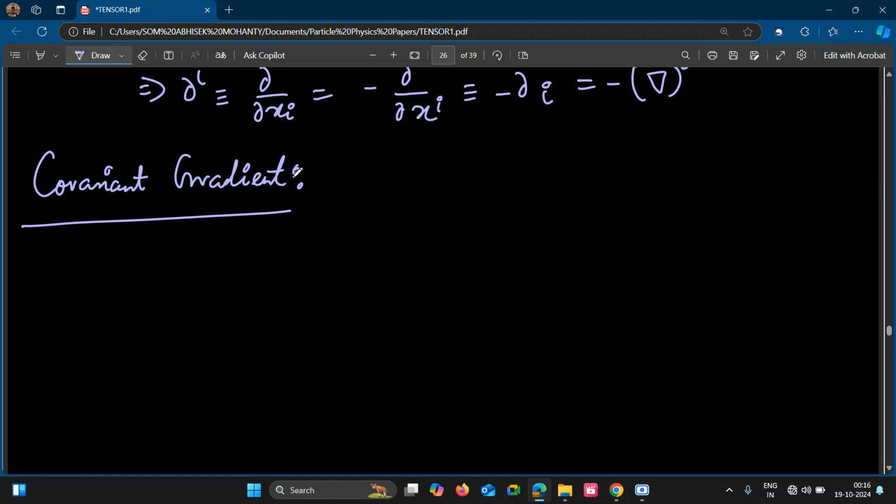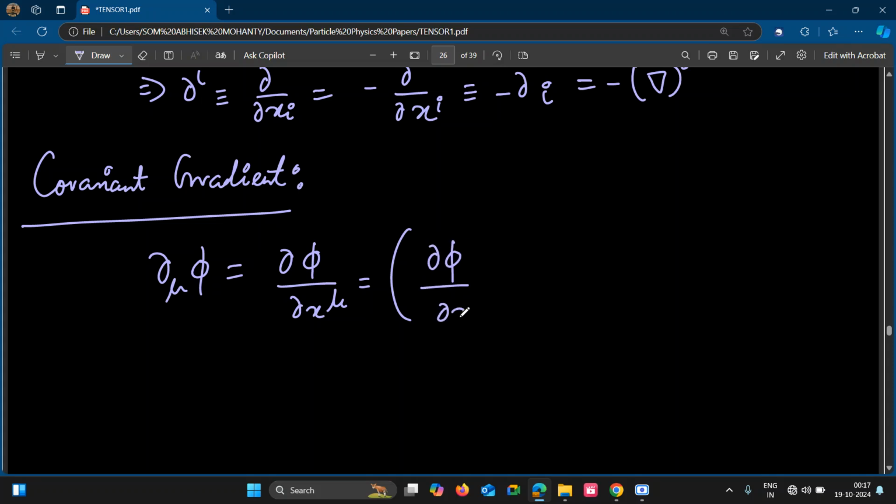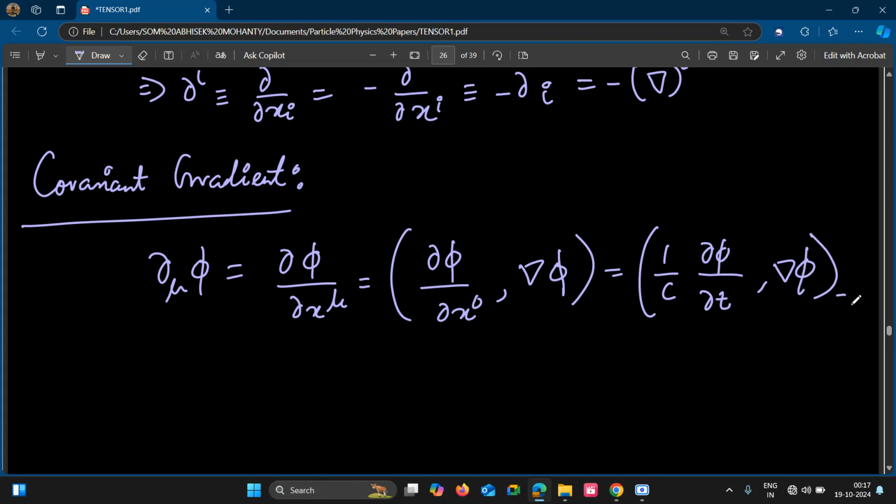Covariant gradient: we can write del mu phi is equal to del phi by del x mu, is equal to del phi by del x naught, which is the zero component, and then simply the del component. So we can write this as 1 by c del phi by del t, and del phi. This is a covariant vector, and it gives a covariant vector, right?